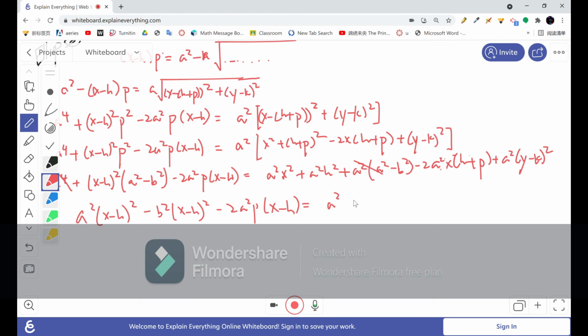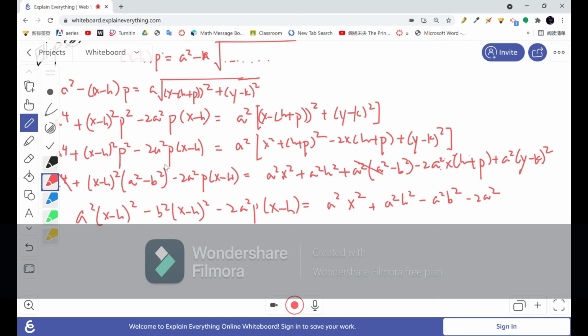So we have a squared x squared plus a squared h squared minus a squared b squared, then minus 2a squared.